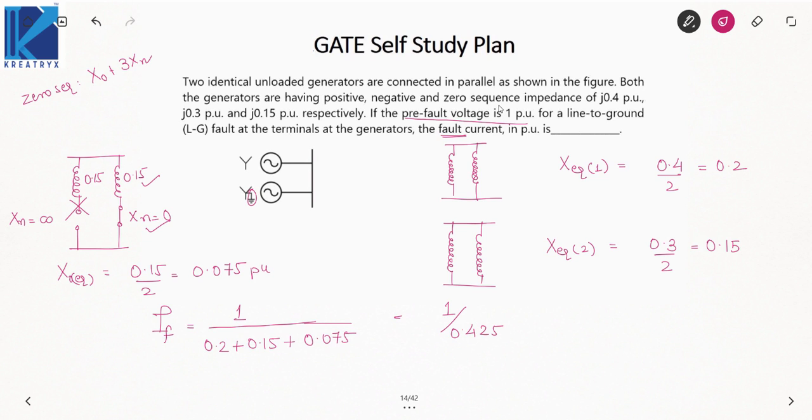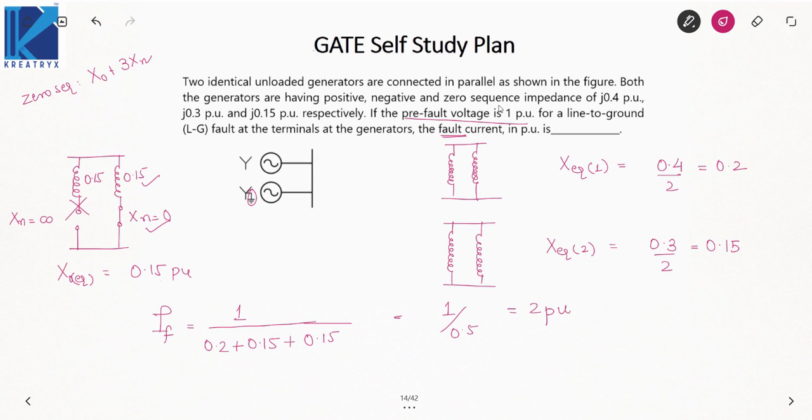Okay. Based on this, what I'll get is, 1 minute, one mistake I have committed. Actually, it will remain as 0.15 because one branch is redundant. So we won't divide it by 2. So it will be 0.15 pu, 0.15, 0.5. So it will be 2 pu.